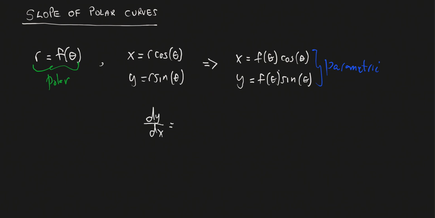Now, previously when we were doing our work with parametric curves, we used t as our parameter. If you want to, you can actually express this in terms of t. Just switch all the thetas to t. The theta is kind of like a dummy variable. It just happens to be a standard variable that we use for angles, right?